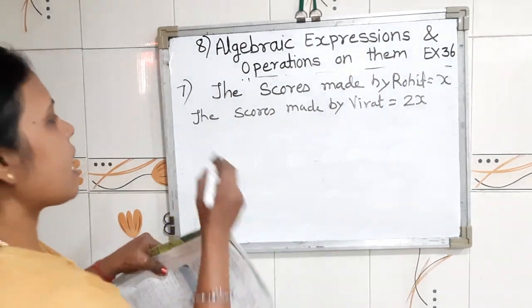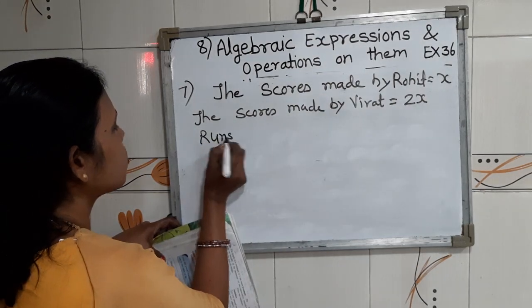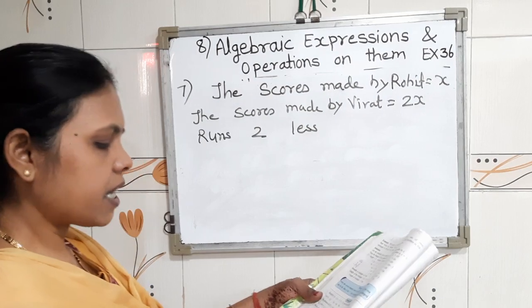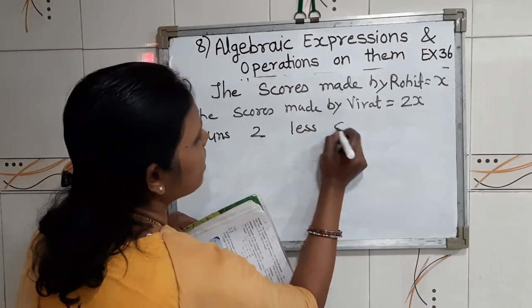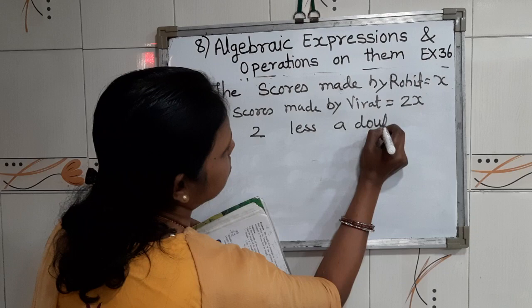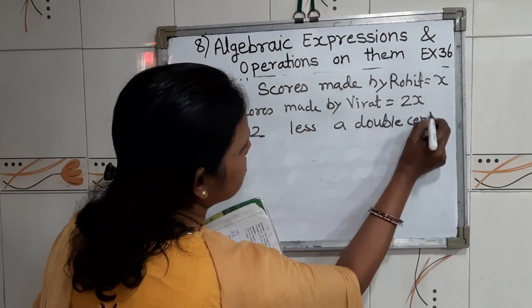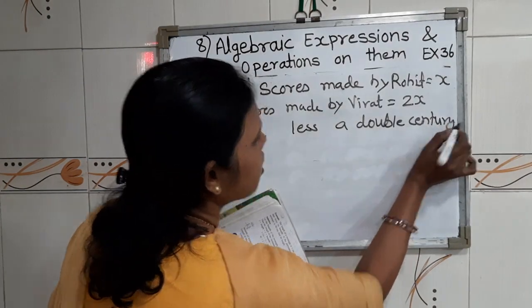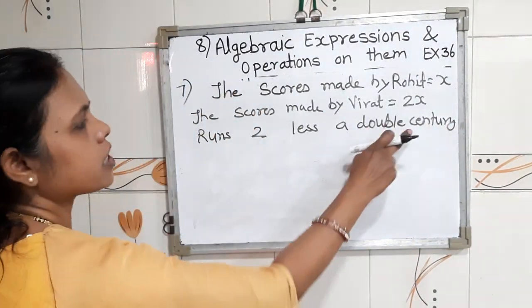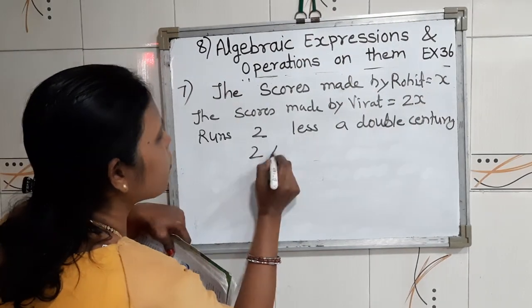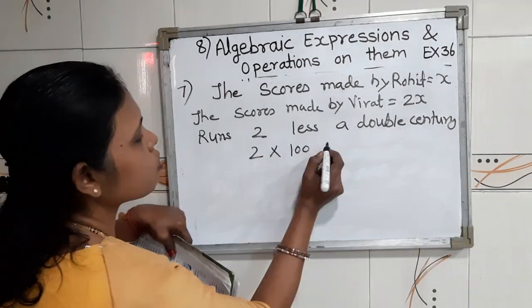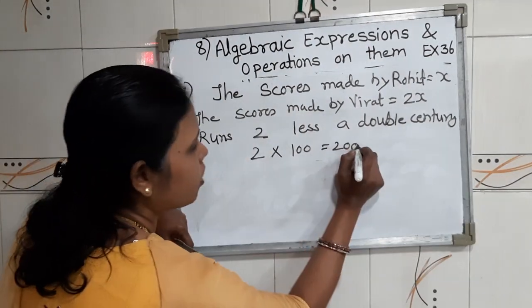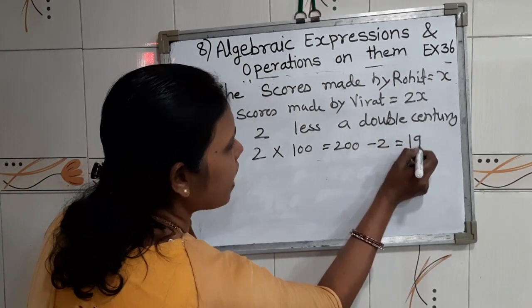Then the total is 2 less than a double century. So children, in a century 100 runs are there. Therefore 2 into 100, a double century is 200 runs. Now 2 less than means 200 minus 2 equal to 198.